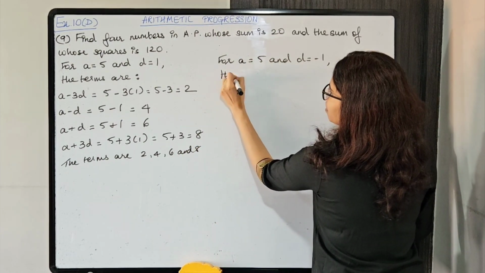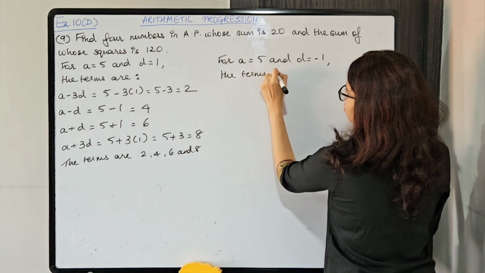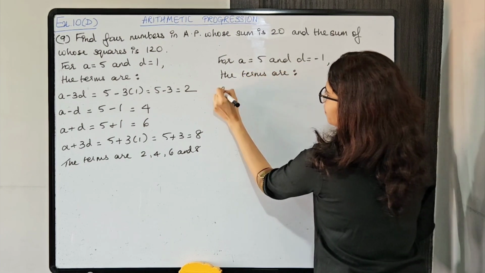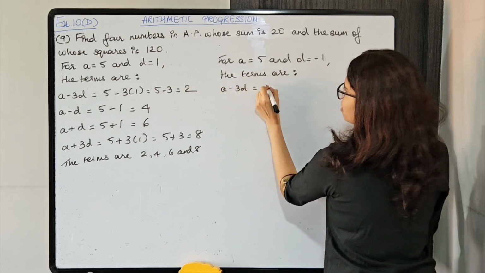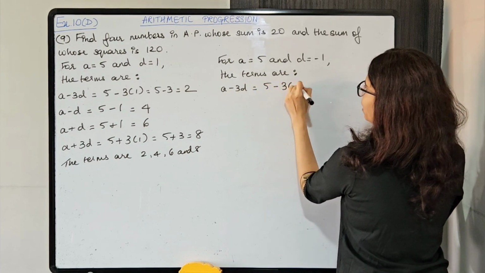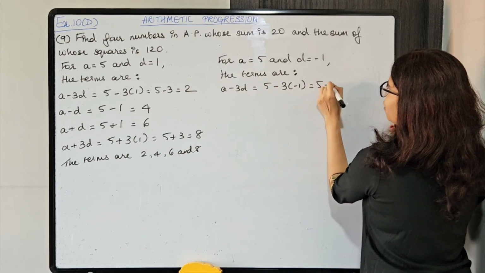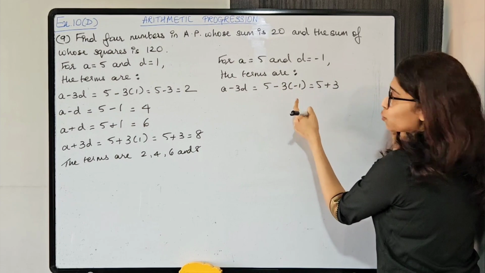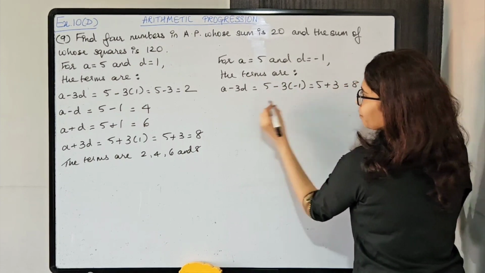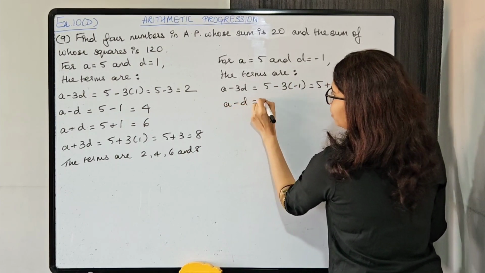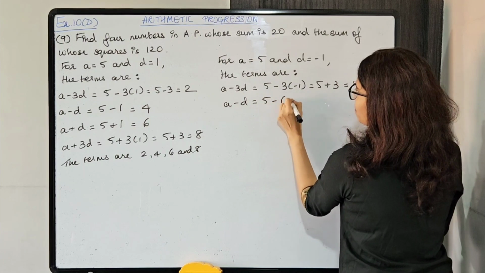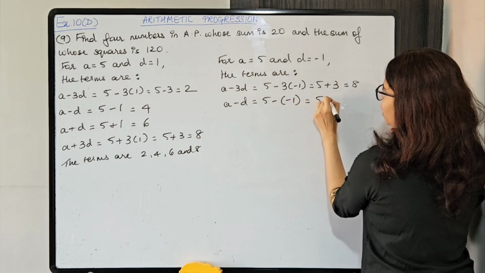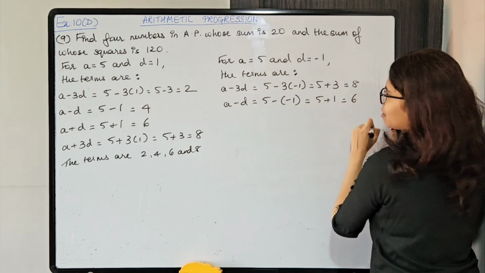The terms are a minus 3d, which is 5 minus 3 into minus 1. So that will give 5 plus 3, minus into minus becomes plus, 8. A minus d will be 5 minus minus 1, so it will give 5 plus 1, which is 6.